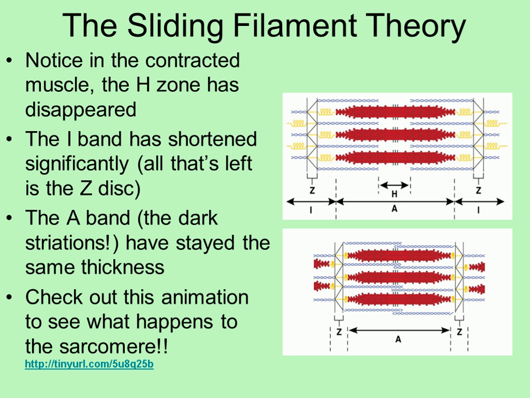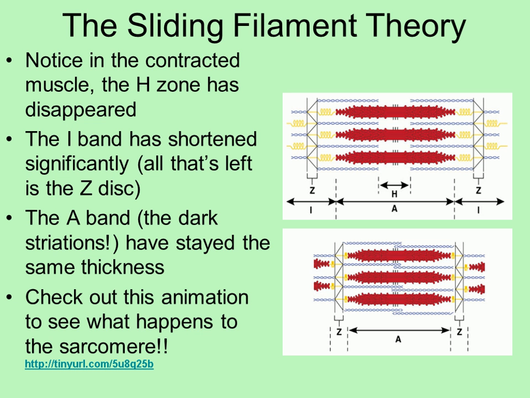Another thing that's changed is that the H zone has now disappeared. You can see that the actin molecules are actually overlapping each other in the middle, and that causes the H zone to completely disappear. Do you remember back in Unit 2 when we looked at skeletal and cardiac muscles and noticed that they had striations, stripes?